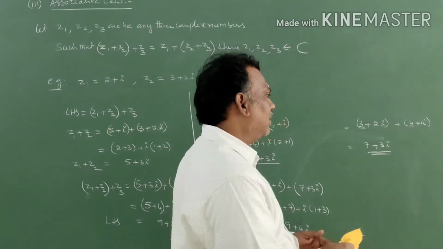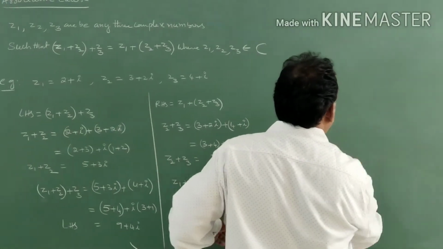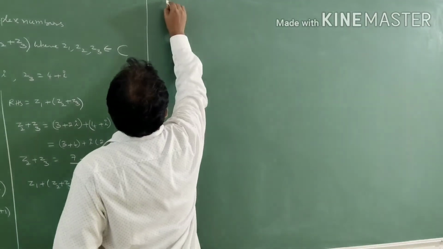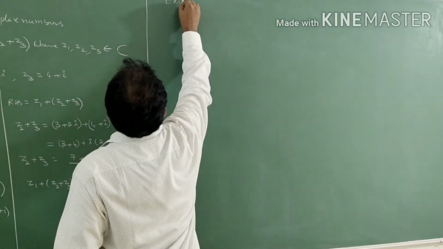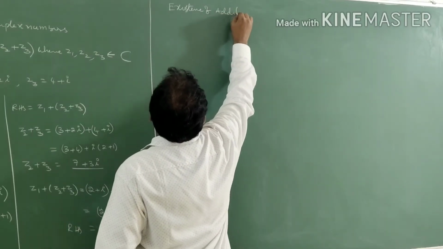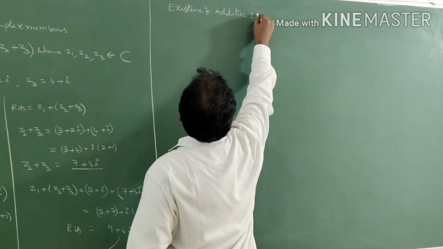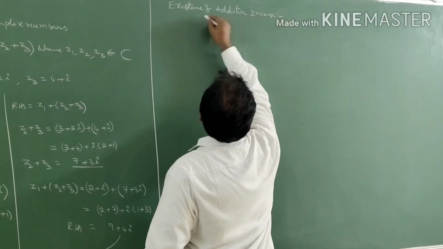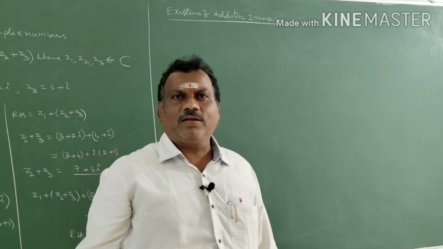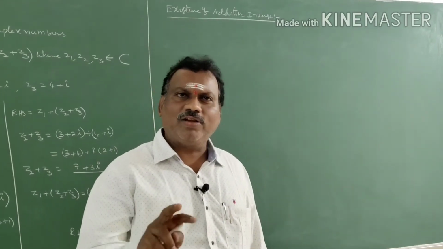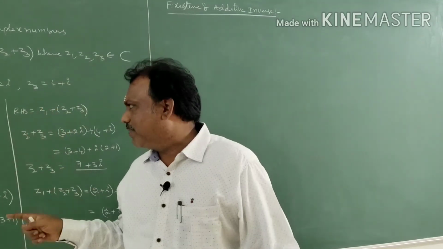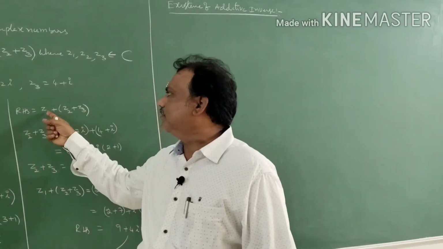Now we will check the existence of additive inverse. Inverse, you know very well, is of two types: additive inverse and multiplicative inverse. Associative law under addition means we use the plus symbol.